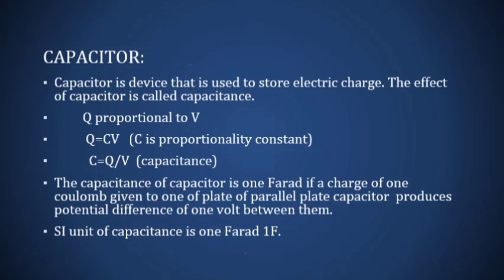Now we will talk about the capacitor. What is a capacitor? A capacitor is a device that is used to store electric charge. The effect of a capacitor is called capacitance.